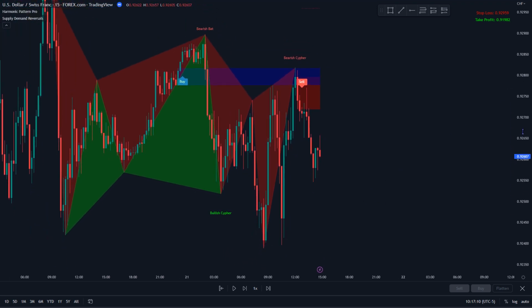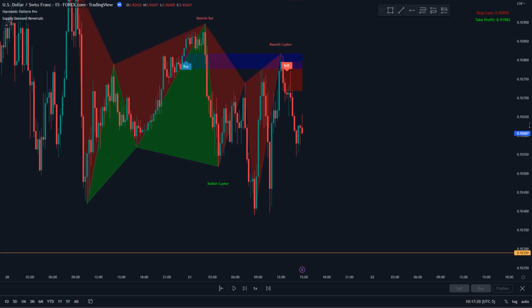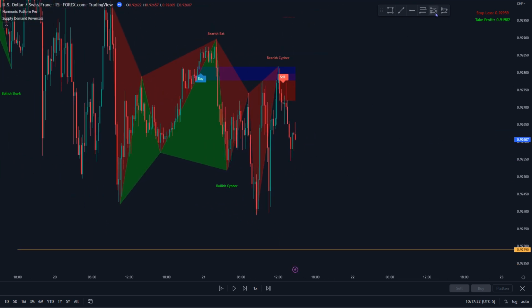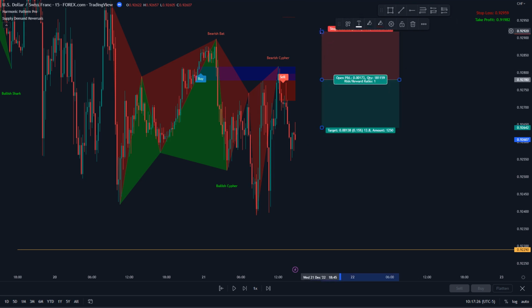Whatever you're comfortable with. I personally would have been comfortable just getting in on this supply zone here with my stop above here. And that's still a great looking trade. Just eyeballing it.